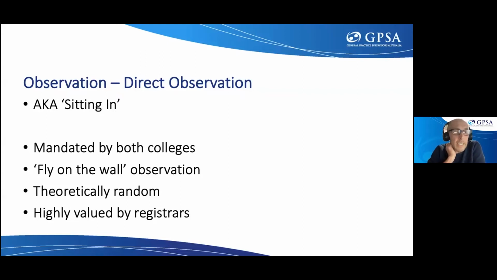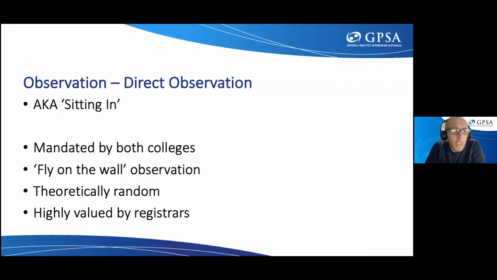And I'm sure that's the same across all RTOs, that when you get somebody in with you, sits in as a fly on the wall essentially, and sees random consultations that you're seeing in that session, then it gives you such a chance to observe what they're doing from both in terms of consultation structure and consultation skills point of view, but also the content of the consultation in terms of their knowledge and, to a degree, their clinical reasoning.